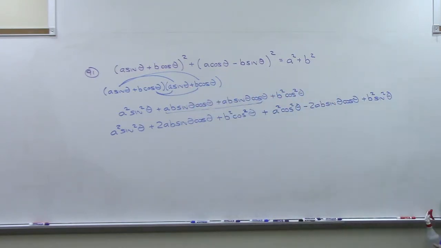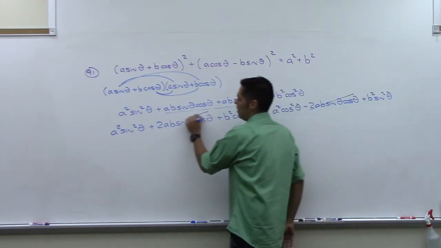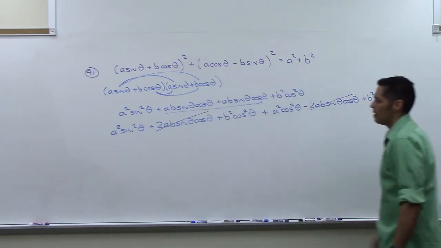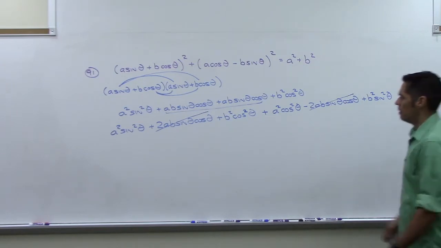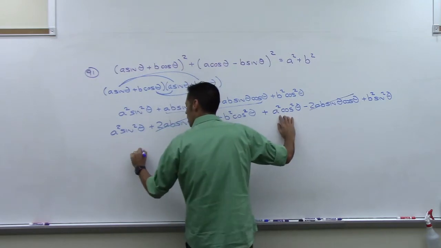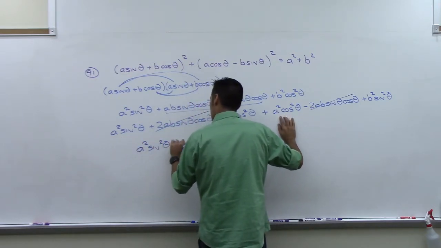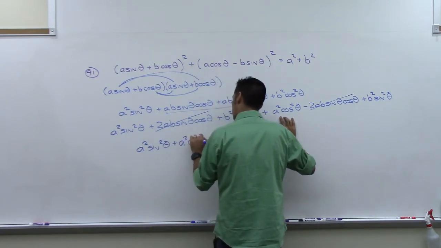And when you take a step back from this, you'll see that this and this cancel. Then you can see that if I take these two right here, they both have A squared in front. I can write that as A squared sine squared theta plus A squared cosine squared theta.